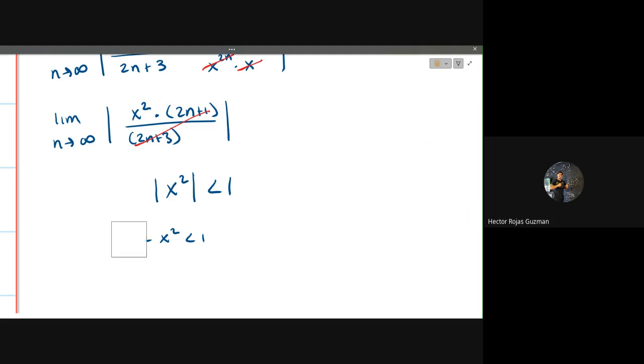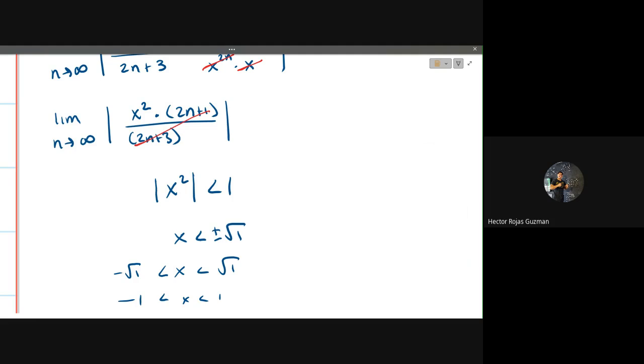So in that case, take the square root now and just say plus or minus the square root of 1. And then, well, now you can be like, oh, square root of 1, which is negative 1 to 1. So use the ratio test, find the interval of convergence, justify your answer.